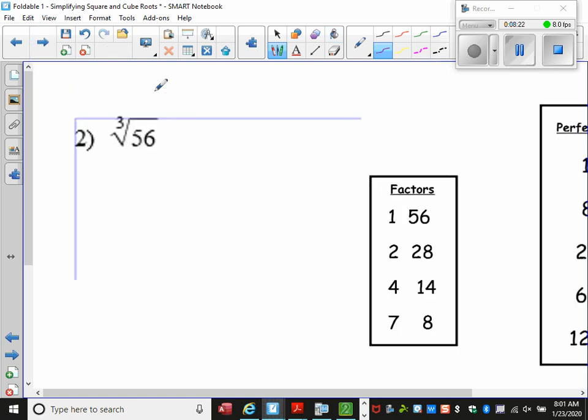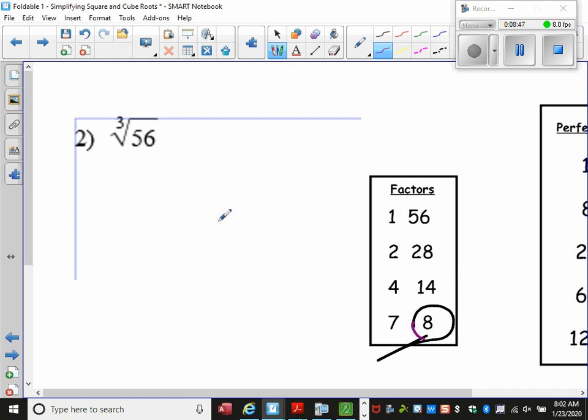All right. Now let's look at the cube root of 56. Take a look again at your cube roots on the front of your foldable. Which number in this table is a perfect cube? Because now we're switching gears. 8. So 8 is a perfect cube.